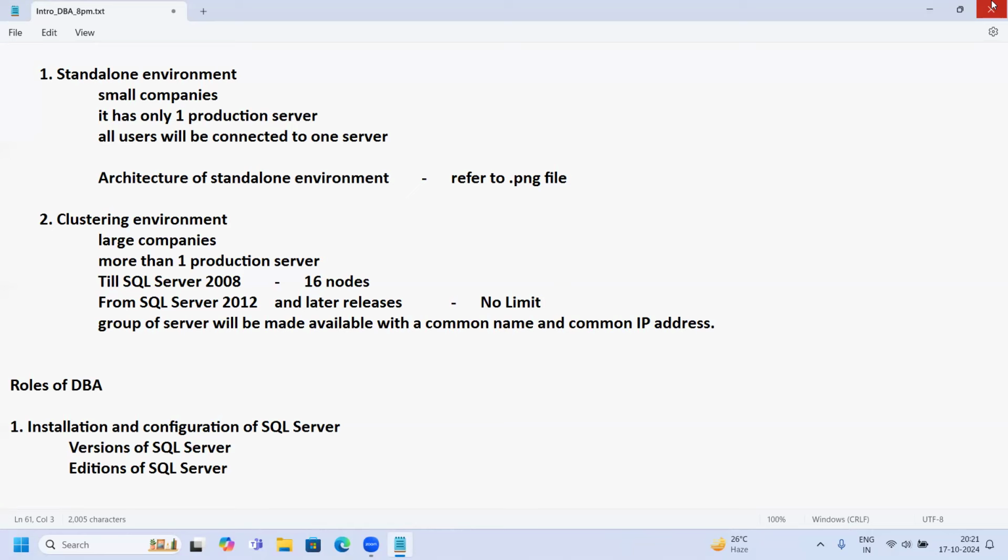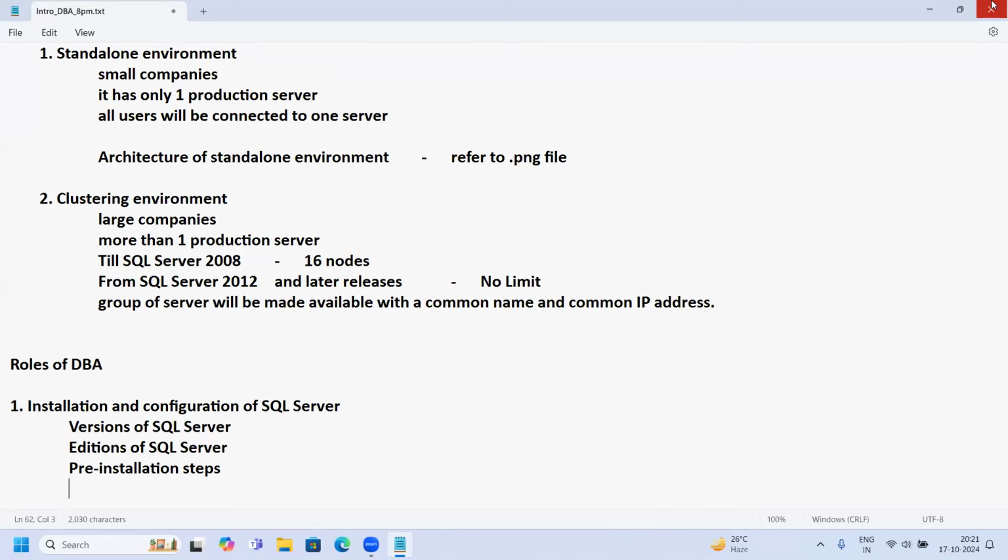And compulsorily, you should be aware of pre-installation steps. Why? Because we are going to install SQL Server on a Windows Server OS. For practice purposes, you install on normal Windows 10 or 11, but in real time, wherever we have a network environment of SQL Server, 100% your SQL Server will be installed on the Windows Server operating system.